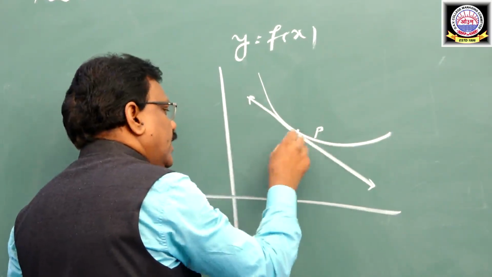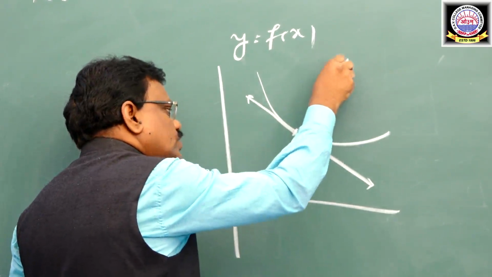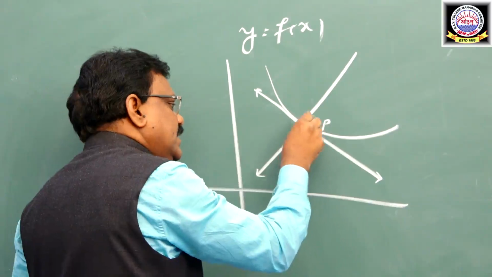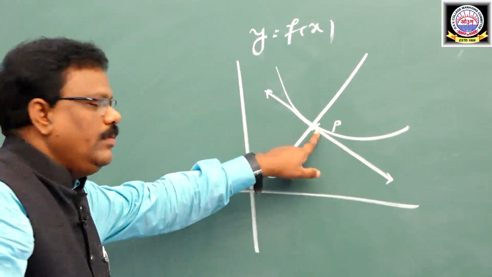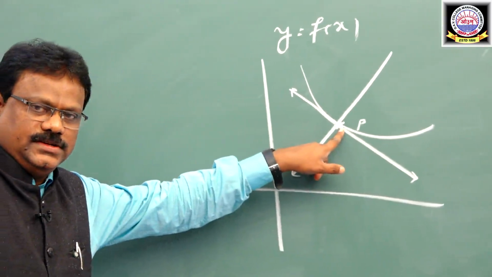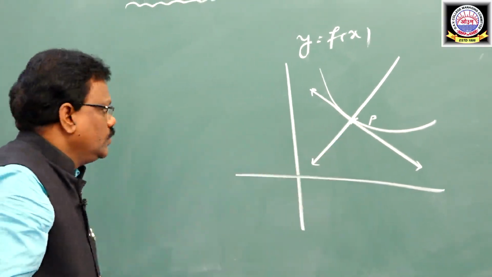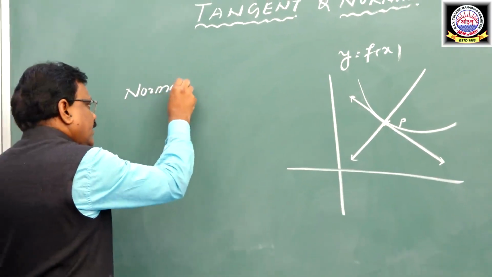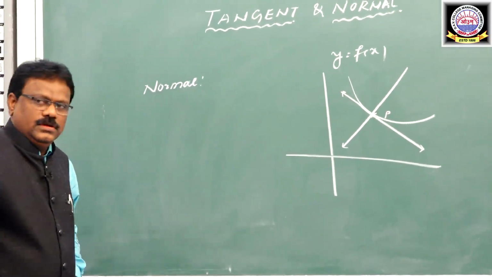Then what is the normal? The normal is also a line perpendicular to the tangent through the point of contact. So we should write the definition of the normal. Write down.